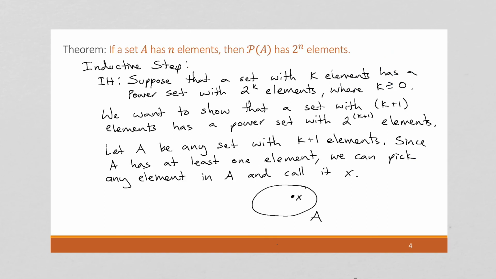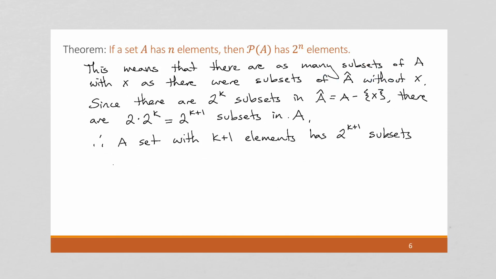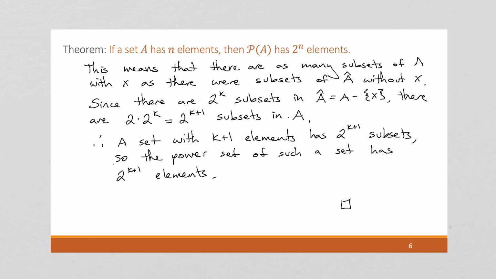We want to show that a set with k plus 1 elements has a power set with 2 to the k plus 1 elements in it. Well, the power set is just the number of subsets. So the power set of such a set has 2 to the k plus 1 elements, which was to be shown.